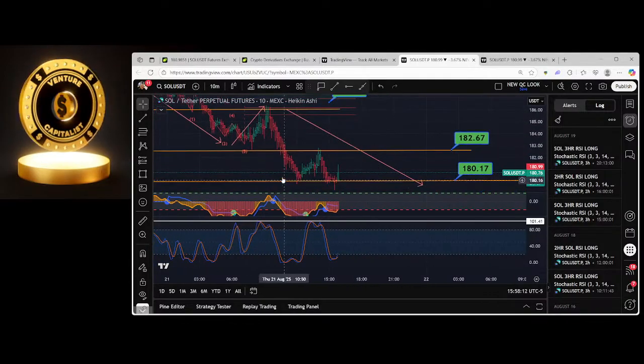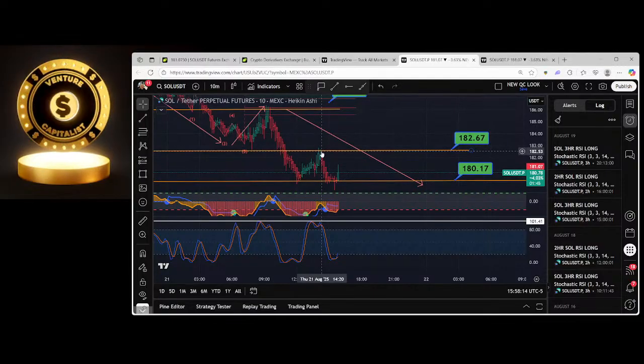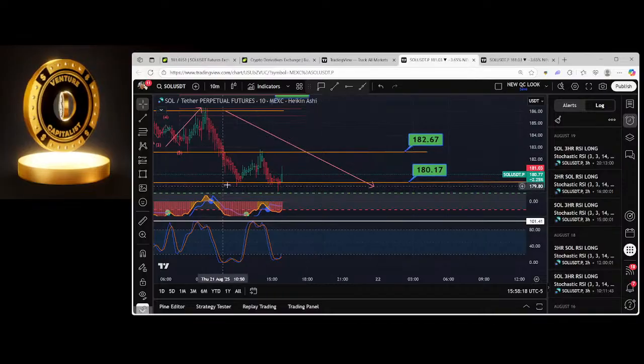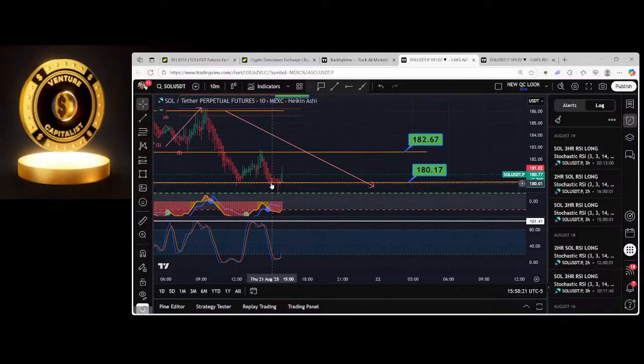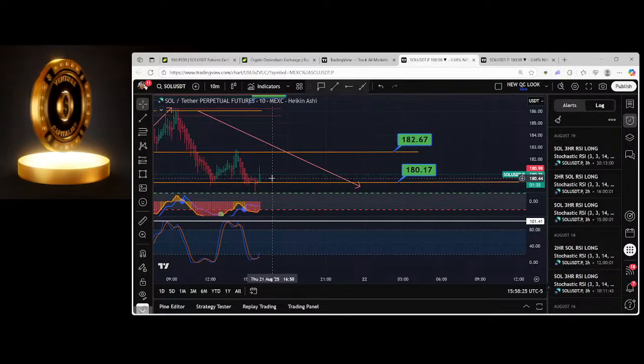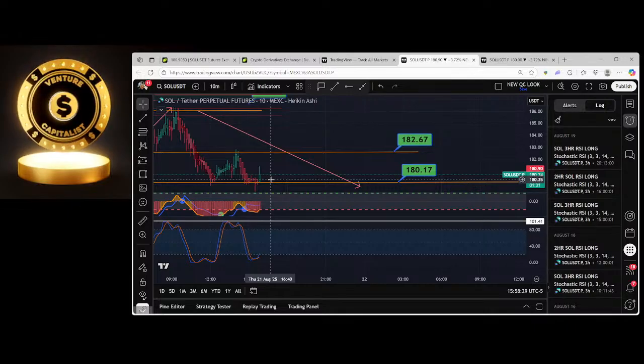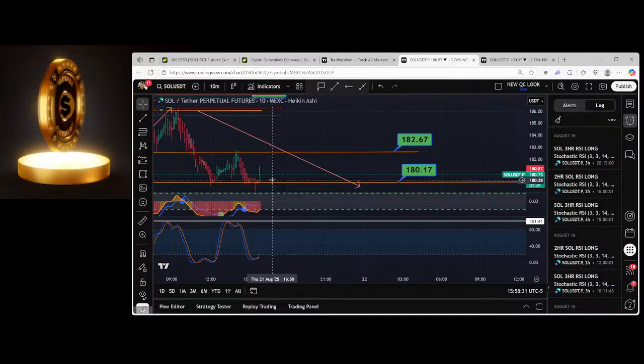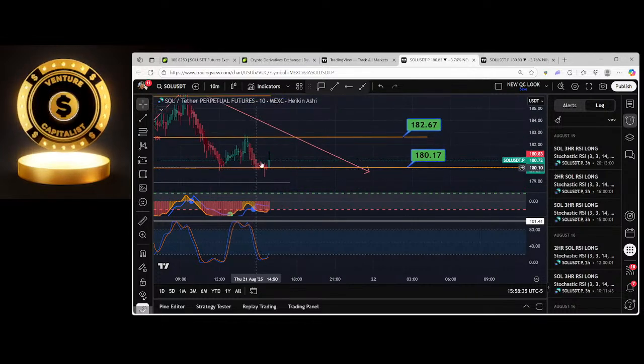Once you have a big pullback, there's always a bounce, and there's always another retest. You can see there's support here, and it's going to test this probably at least one or two more times. During that, there's going to be volatility in here.